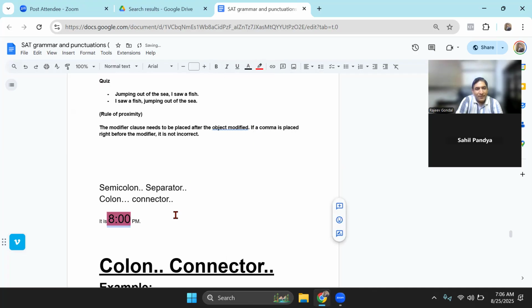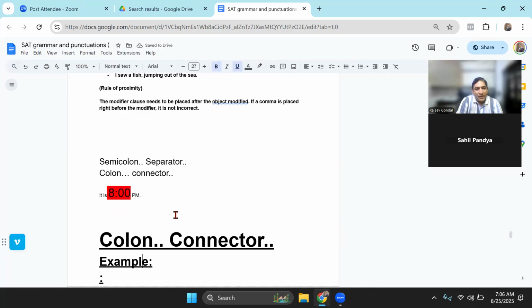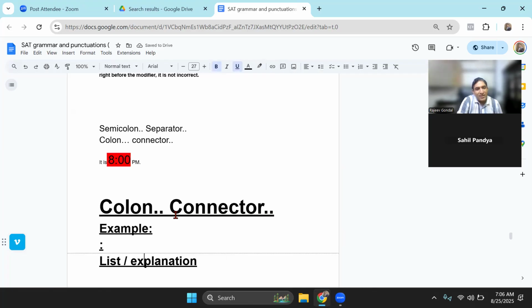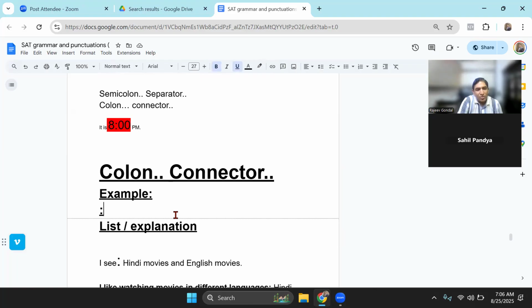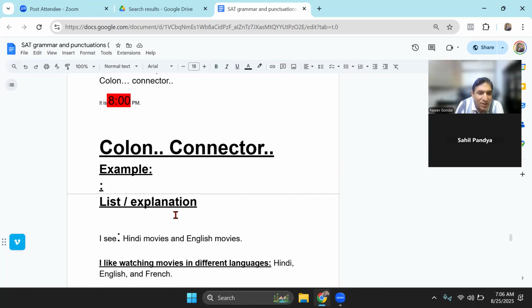That's good. So let's see some examples of colons. We use colons to make lists, but there is a rule, and let's see how it is. Is this sentence correct? I see colon Hindi movies and English movies. No. Why is this incorrect?